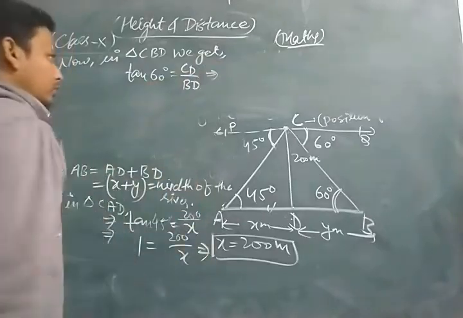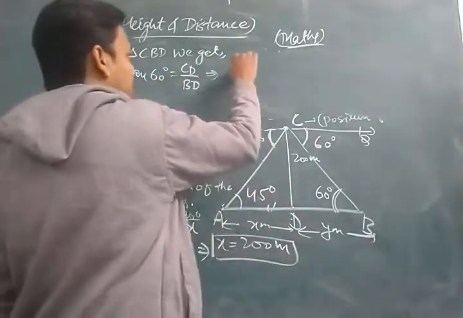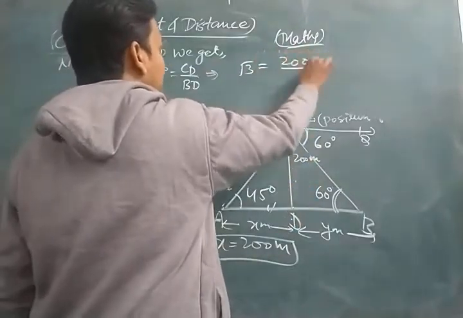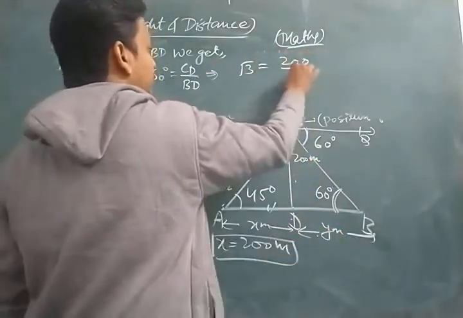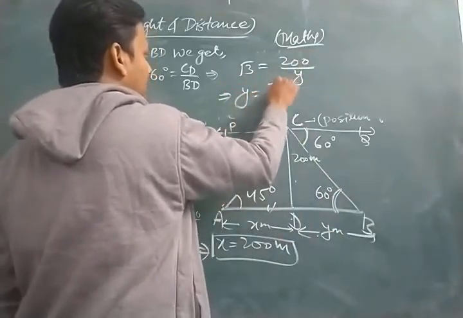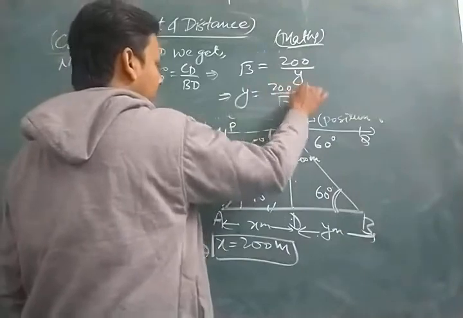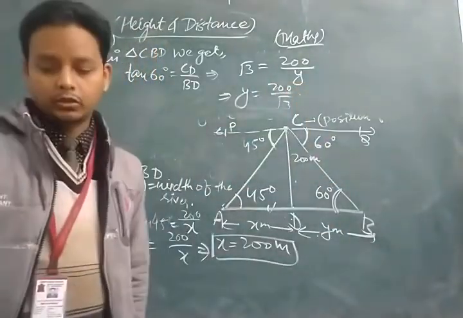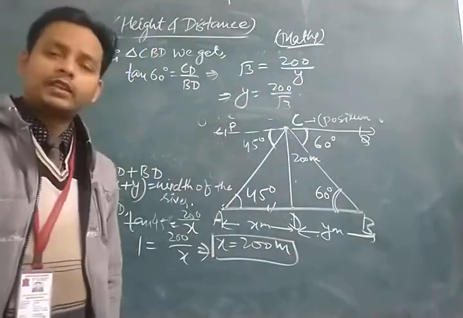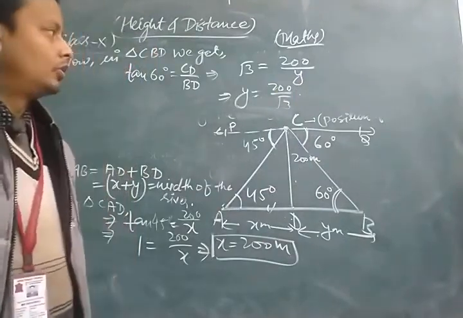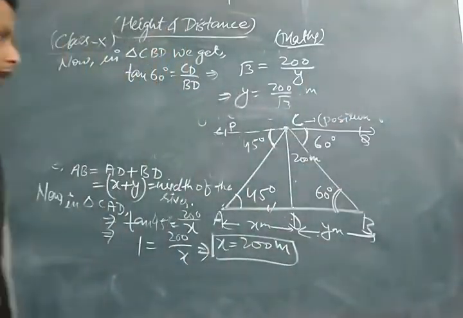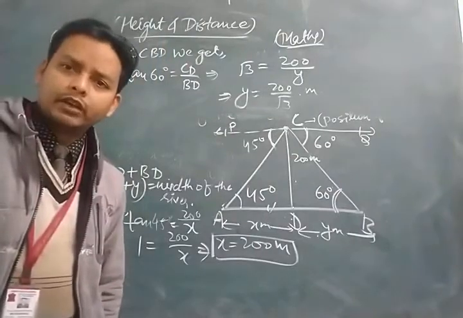The value of tan 60 is root 3, and that is equal to CD upon BD, that is 200 upon y. Now the value of y is 200 by root 3 meters. In this way, we find the value of x as well as the value of y.